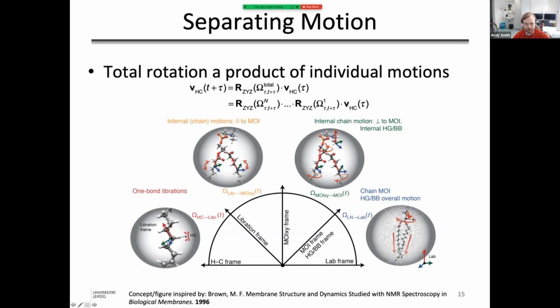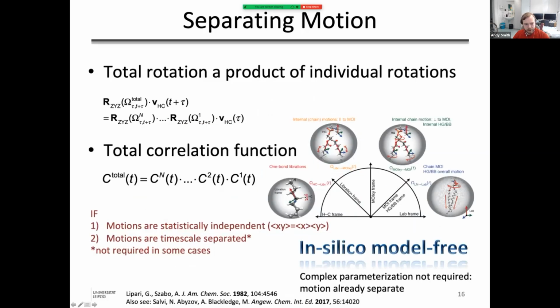And that's just a rotation matrix. Arguably, we can say that the rotation matrix is the product of several individual rotations. So that's what we do: we say we've got a product of individual rotations that leads to the total rotation of the bond vector. In special cases, if we pick these rotations well, each one of those rotations can be associated with a correlation function, so that the total correlation function is the product of the individual correlation functions.